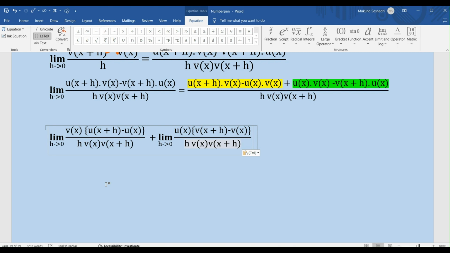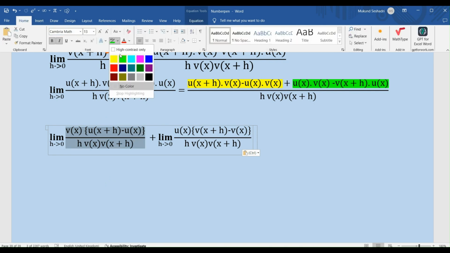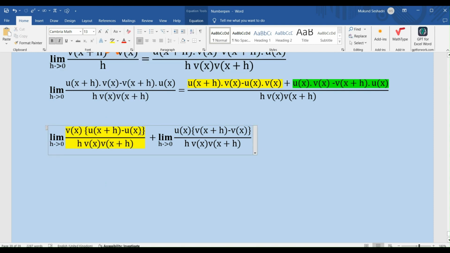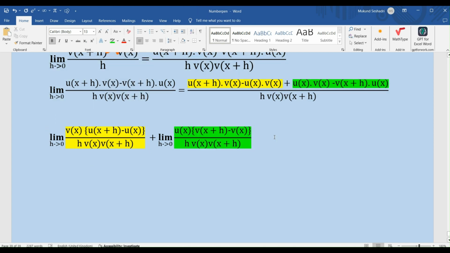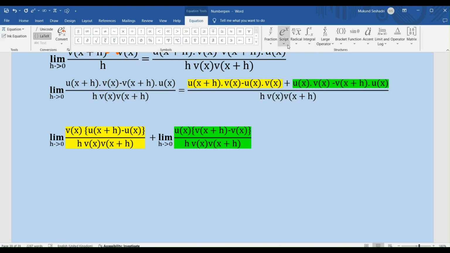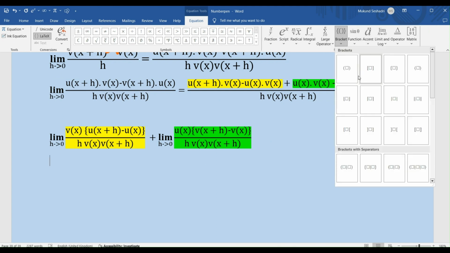So on expression 1, which is this portion, let me again use the yellow color, and let us use green for this. I'm going to rearrange this and let's see what we get.